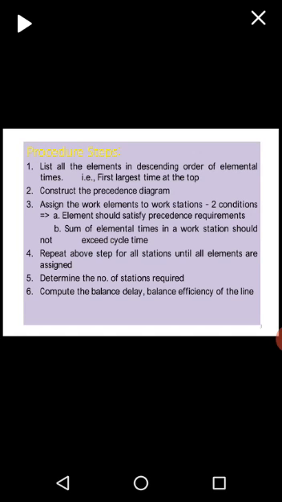The second step, we need to construct the precedence diagram. Before constructing the precedence diagram, we need to check two conditions. What are the two conditions? The element should satisfy precedence requirements, and the sum of the element times in the workstation should not exceed the cycle time.